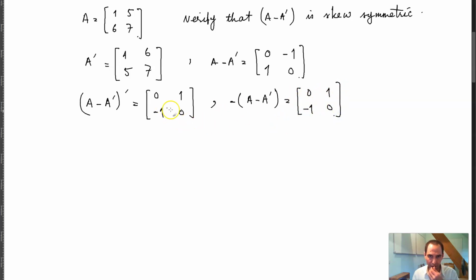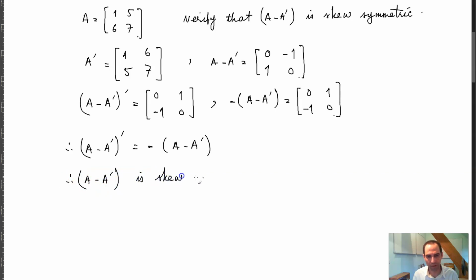And you can see that they are exactly the same matrices, so you can say that A minus A prime whole prime is equal to negative of A minus A prime, and therefore A minus A prime is skew symmetric.